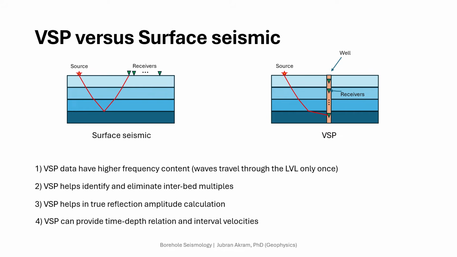VSP also helps in true reflection amplitude calculations. And one other important advantage of VSP is that we could get the time depth relation and also an estimate of interval velocities from the VSP data, which can be very useful.